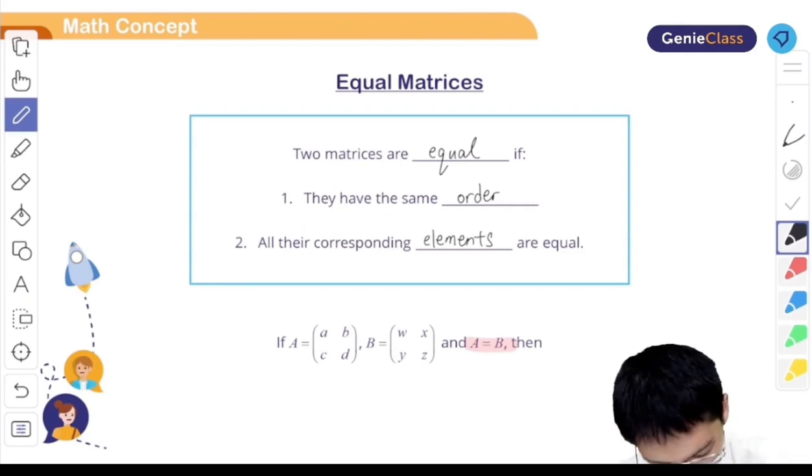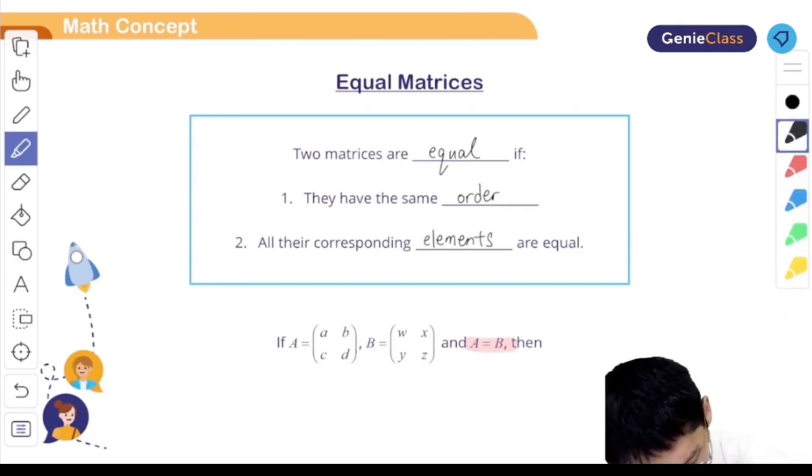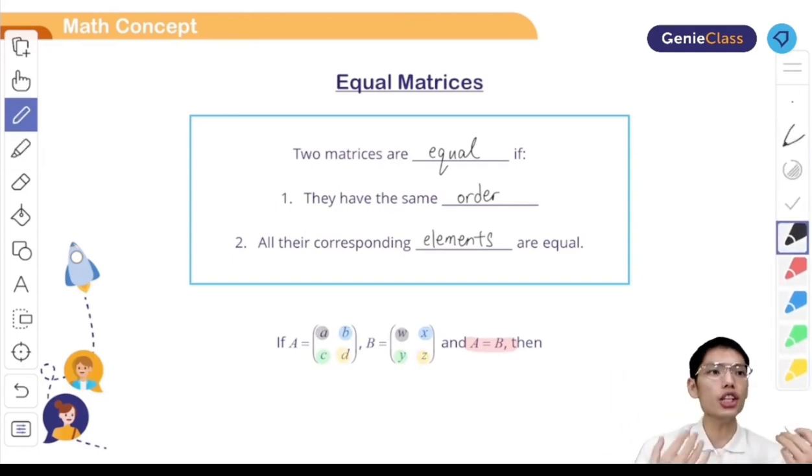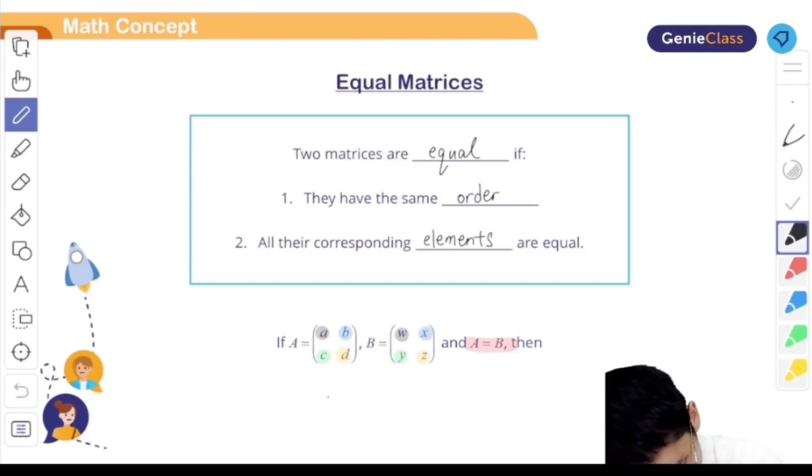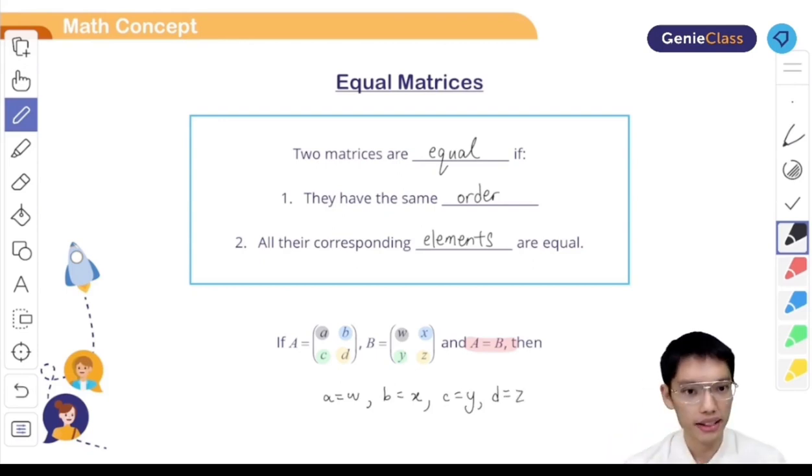So if I color code them, A, W, B, X, C, Y, D, Z. The value we are talking about and the position are important as well. We say that A equals W, B equals X, C equals Y, and D equals Z. So these are the 4 things we talk about when we have equal matrices.